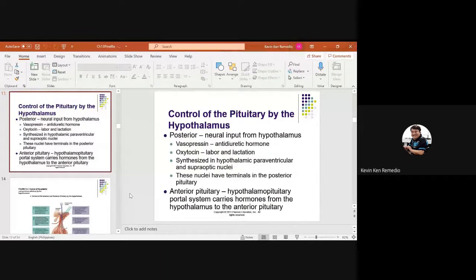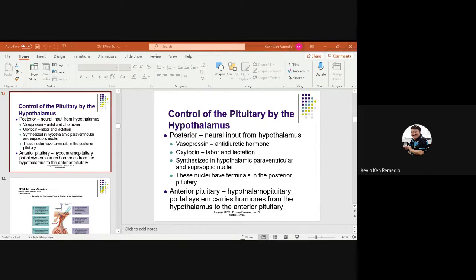So control of the pituitary by the hypothalamus. In the posterior pituitary gland, this is where the neural input from the hypothalamus comes in. So sa posterior pituitary, diha giproduce ang vasopressin. Okay? Vasopressin is referred to as an antidiuretic hormone.